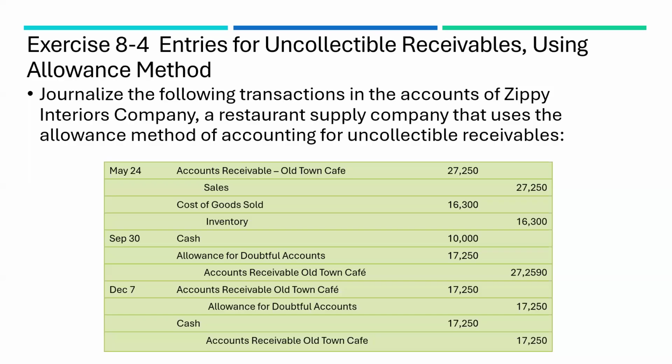And then when they collect it, after they've written it off, they have to reinstate the accounts receivable. So they debit accounts receivable, credit the allowance, and then debit the cash and credit accounts receivable as you would normally collect an accounts receivable.